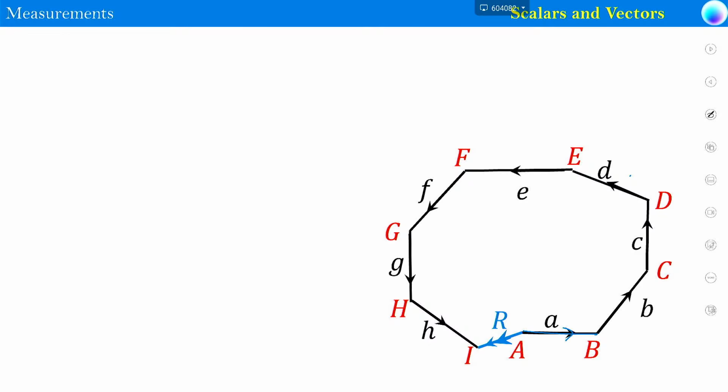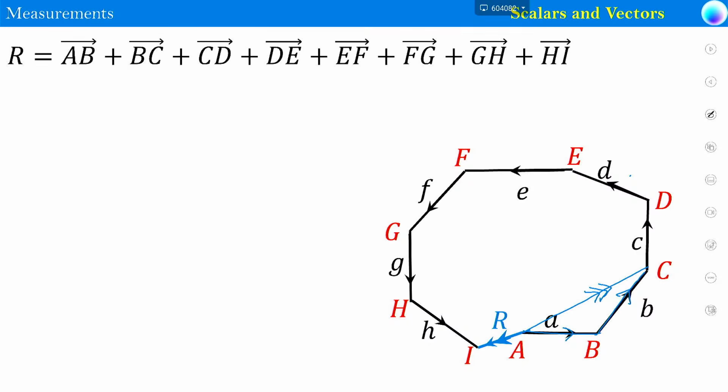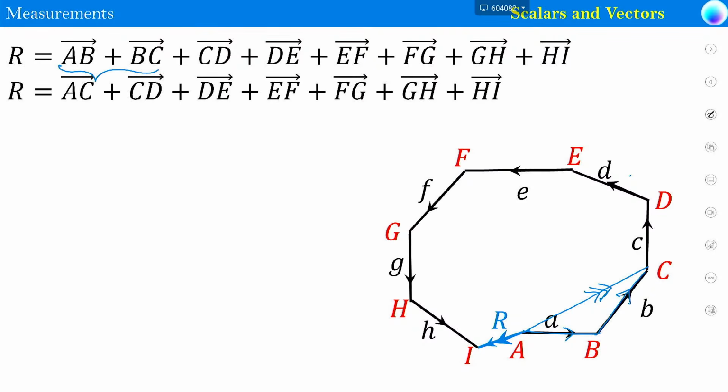AB plus BC equals AC, okay? And now what is the resultant of AB plus BC? AB plus BC is what? AC. So this is AC.